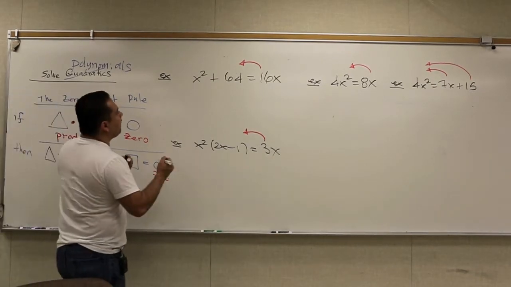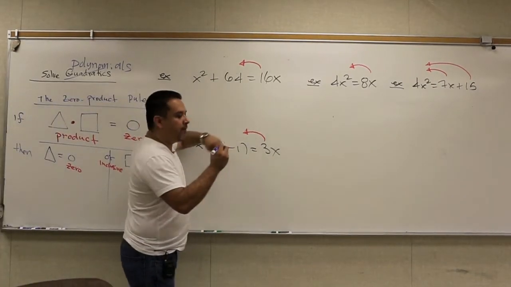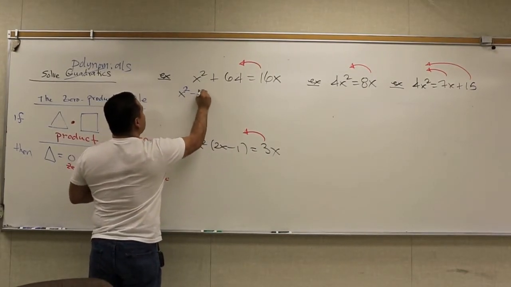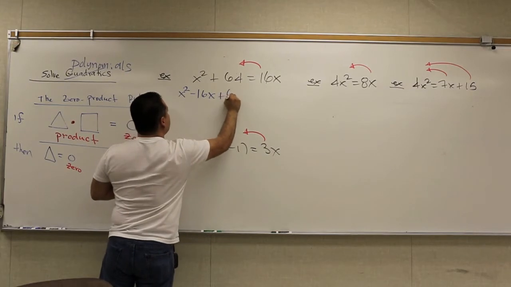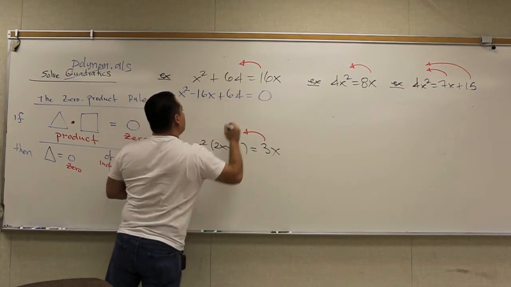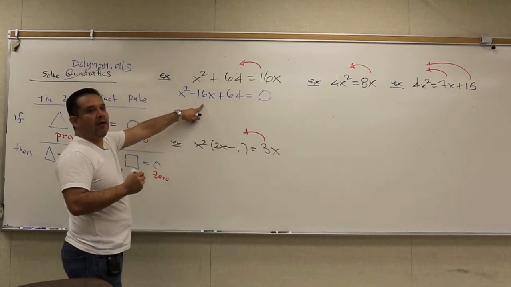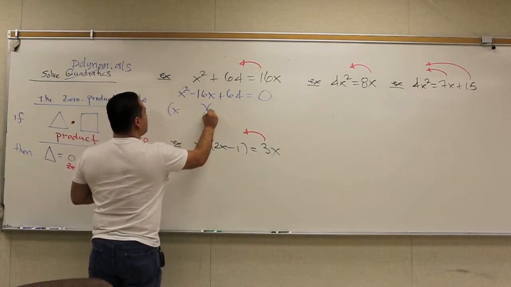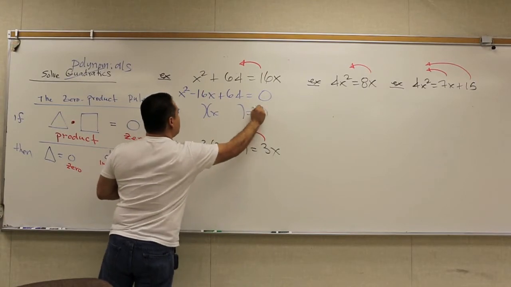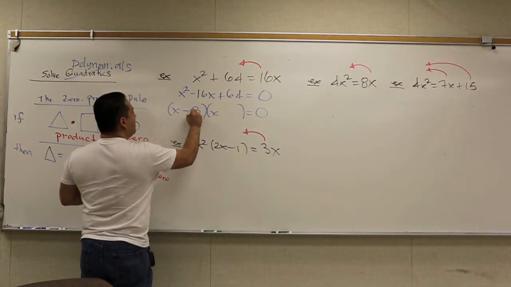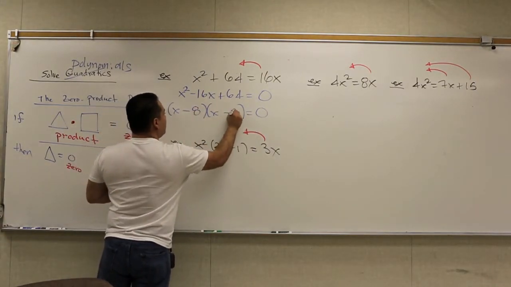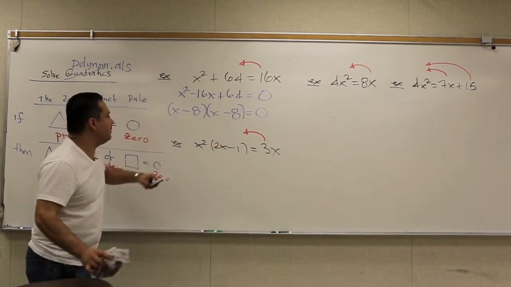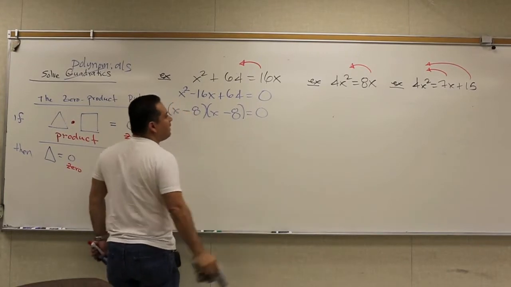Okay, here we go. We have to have 0 here, right? So you have x squared minus 16x plus 64 equals 0. Factor by chicken soup. x minus 8, x minus 8. Is that true? Yes.